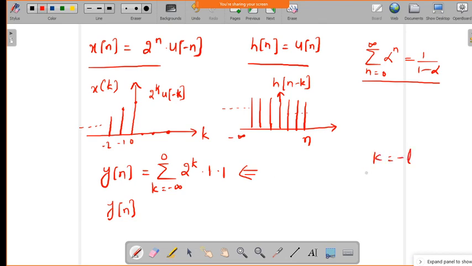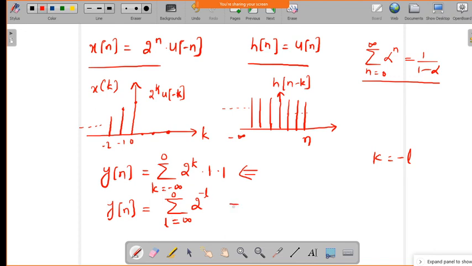Whenever k is minus infinity, l becomes infinity, and when k is 0, l becomes 0. So now I change the variable from k to l.